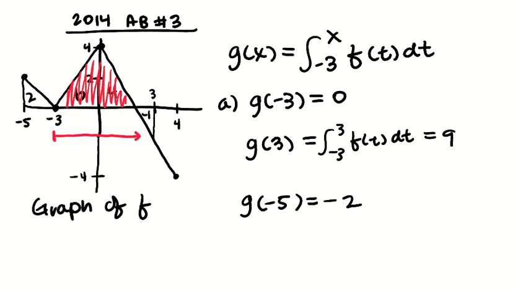But then we ended up losing 1, and so that's 9 total units of area, which is why g of 3 equals 9. Then g of negative 5 is we're going to count the area from negative 3 to negative 5, which is counting backwards. Okay, so it's going to be the opposite of what we'd expect. So the area is 2 of that triangle, so g of negative 5 needs to be negative 2.